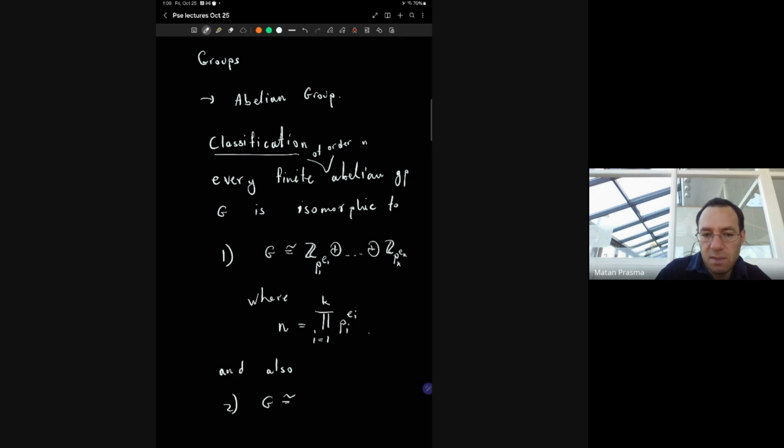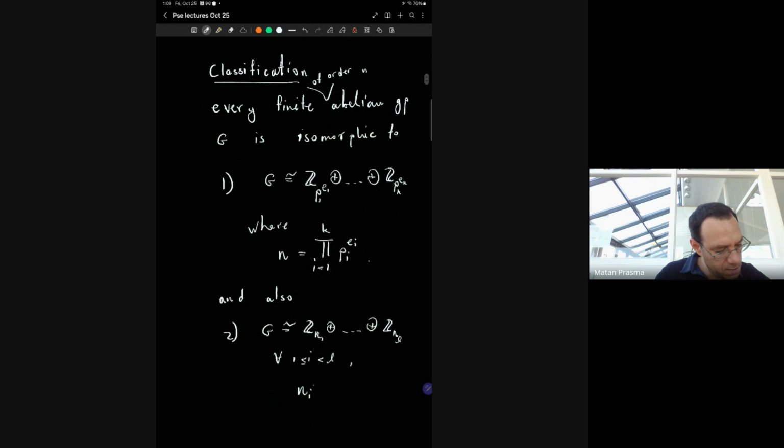It's basically integers modulo n1, direct sum, up to integers modulo nl, such that for any i bigger or equal to 1 and smaller than l, ni divides ni plus 1.